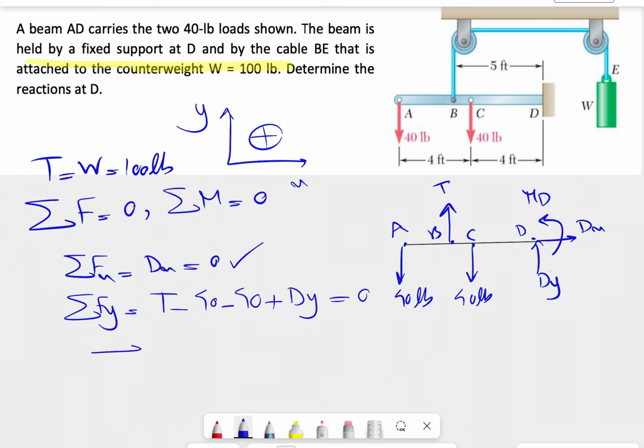From here, it's easy enough to find Dy, which will be 100 minus 80, which when it goes to the other side of the equation will be negative, and we get minus 20 pounds. This negative sign shows that the assumption in the first place for the direction of Dy was not correct, and it has to be downward.